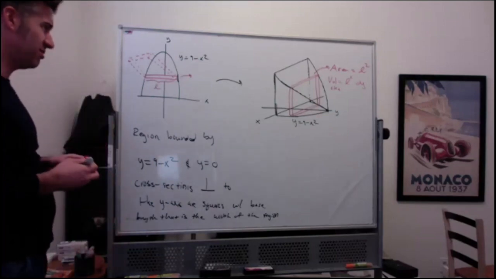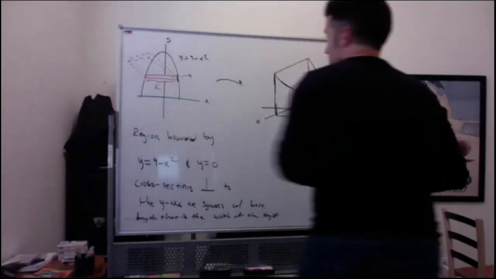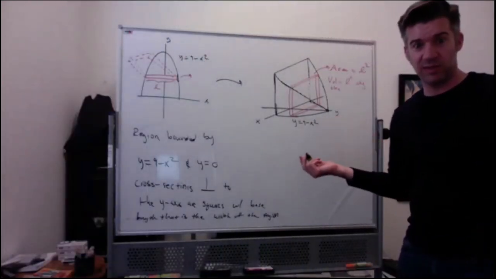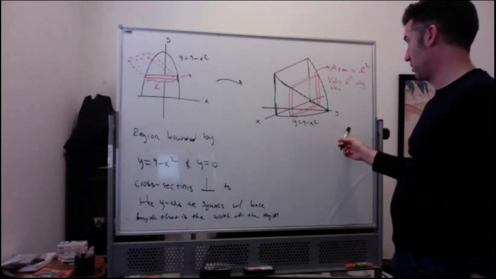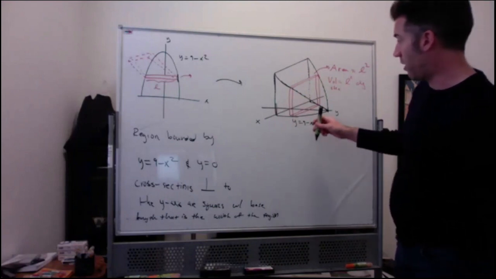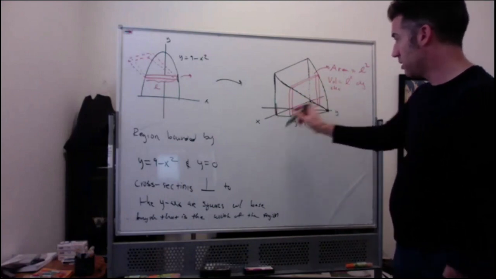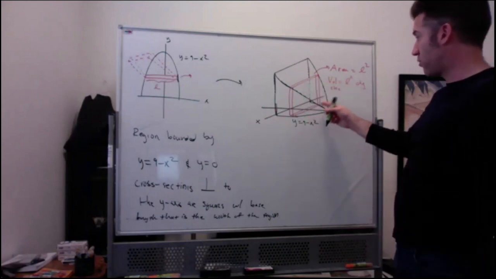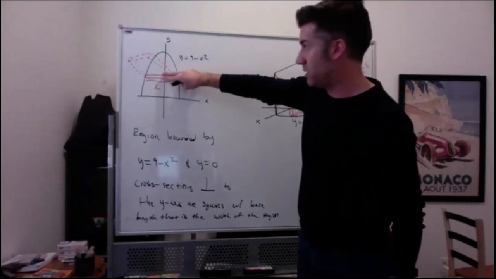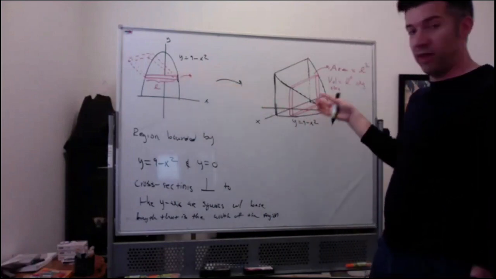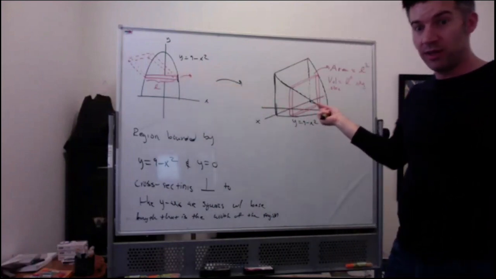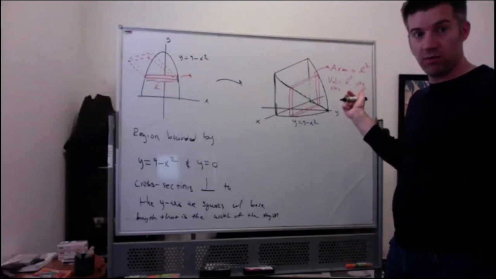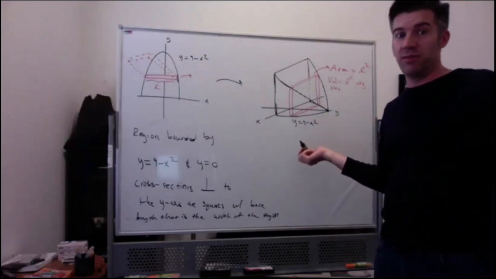We don't have to draw any of these pictures, but it's nice to. So I'm imagining my shape looking like this. I've got my parabola here in the xy-plane that's kind of flat. That little rectangle is giving me a square, a square with some thickness.